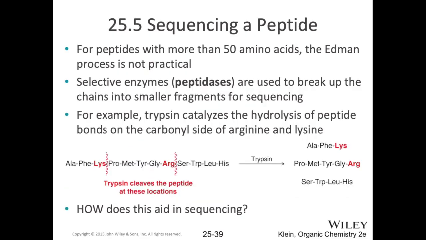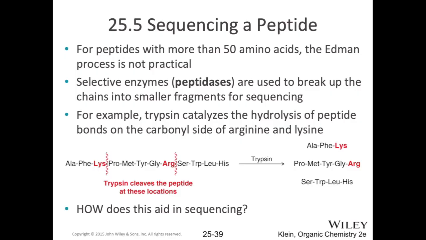All right, so once you start getting to more than 50 amino acids, of course, this process just gets not practical, right? So we have to take our peptide chain and break it down into smaller, more workable chunks.